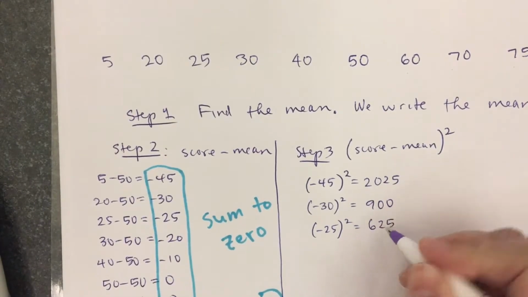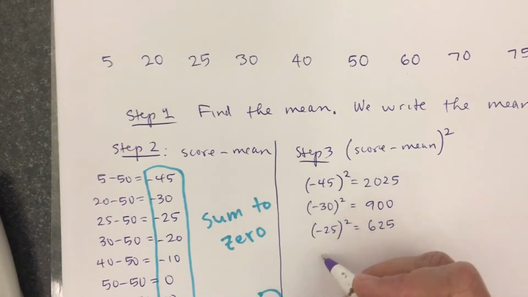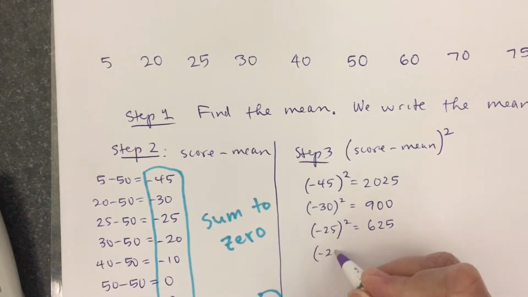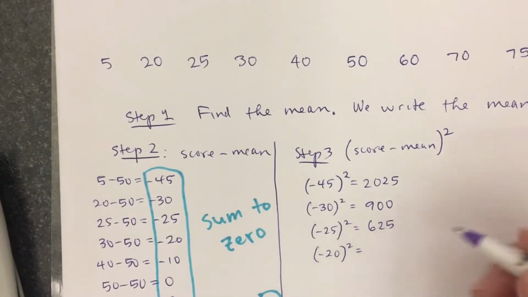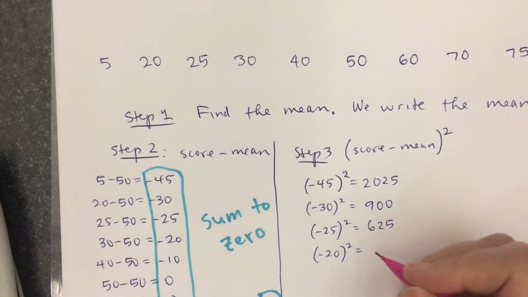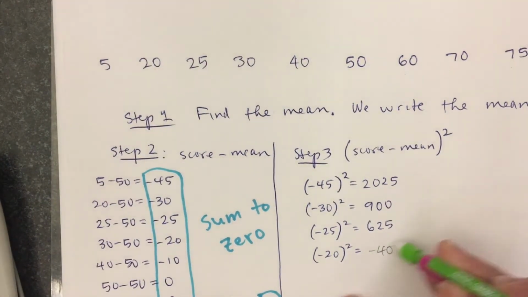I've seen students make mistakes where they kept the negative in there, and that was their only mistake in the problem. They might not do it for all the numbers, but they might make that mistake right here, -400. And that's going to throw off their entire calculation.